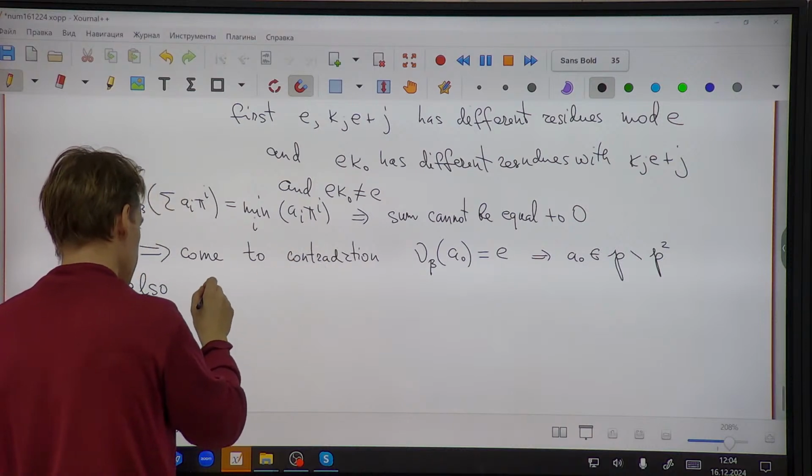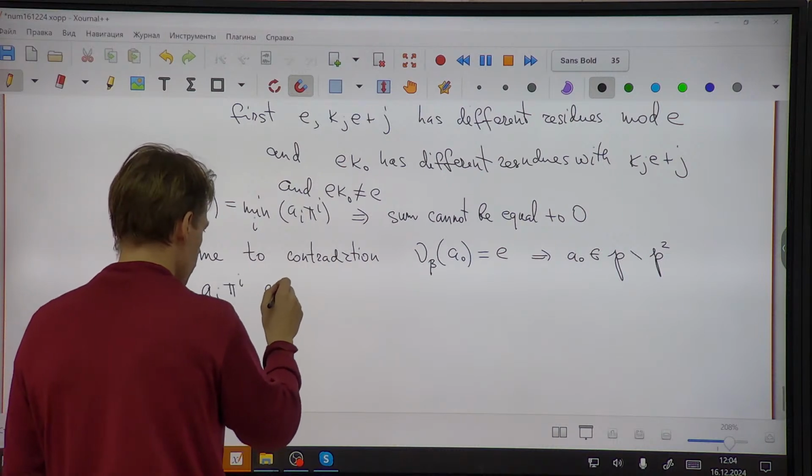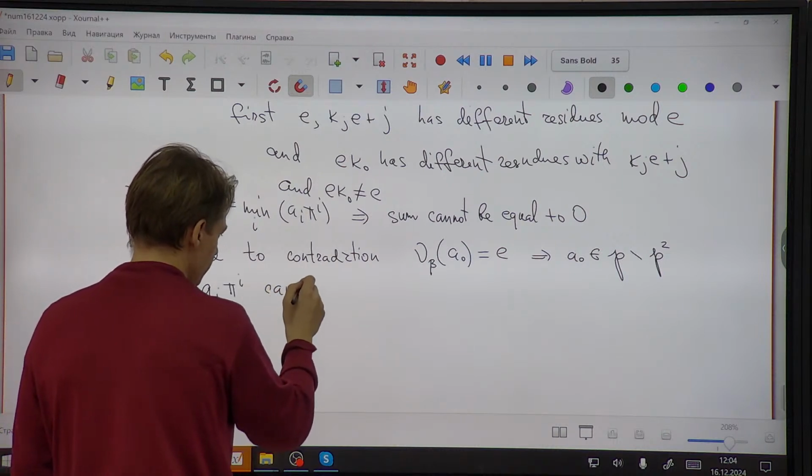So the AI PI cannot have smaller valuation than P.